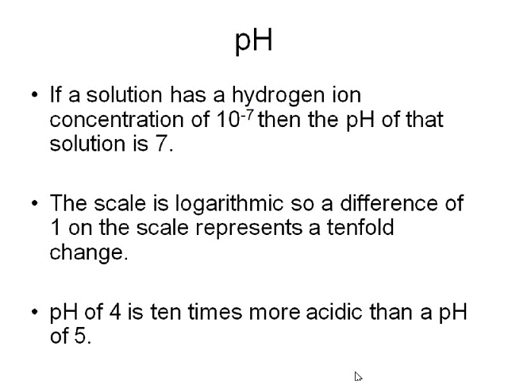We need the negative logarithm, and a negative times a negative is a positive. So the first thing you do is make this exponent positive. And then you take it out of its exponential form and bring it into a whole number. So the pH of a solution, if I give you the hydrogen ion concentration of 10 to the negative 7th, the pH is 7. Okay?